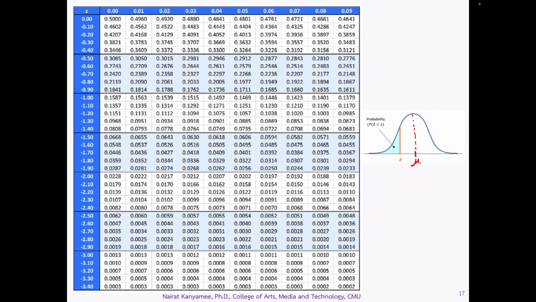And to find the area of this, you still read the same way. Again, let me write down 0.5 is in the middle right here. So mu, which is 0 in this case. P of z less than a is going to be less than or equal to 0.5 in this case, when a is negative.